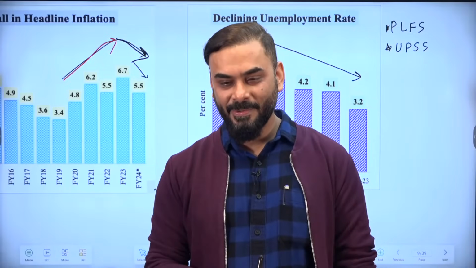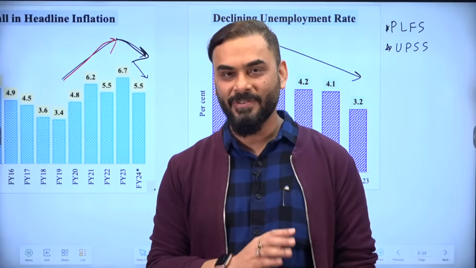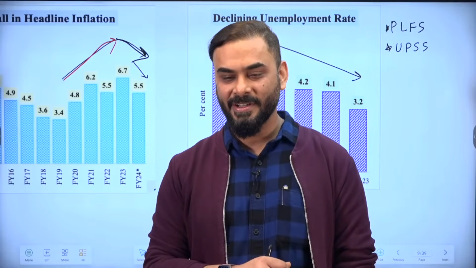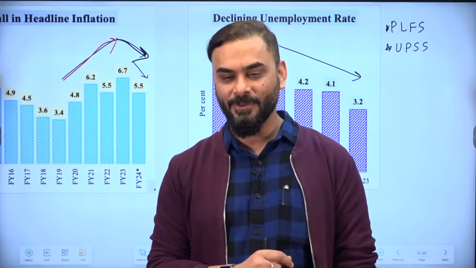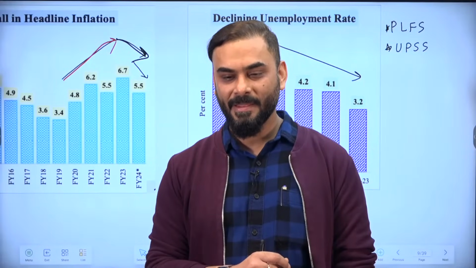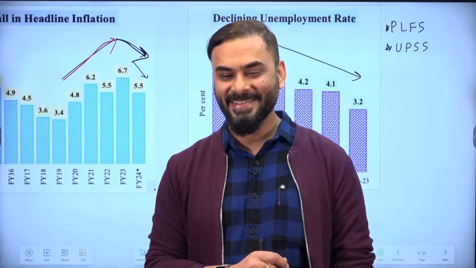Anybody, if you remember? What is that method which you will always find in the Economic Survey and Budget? They use this method to report the unemployment figures, if you could recall. Usual principal.